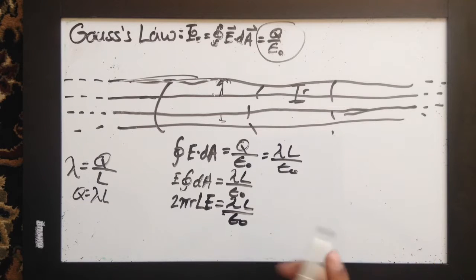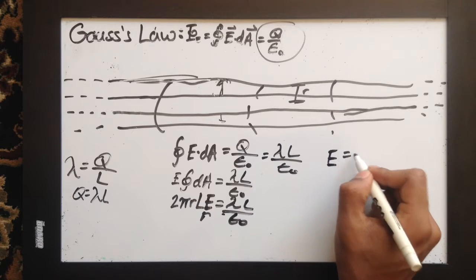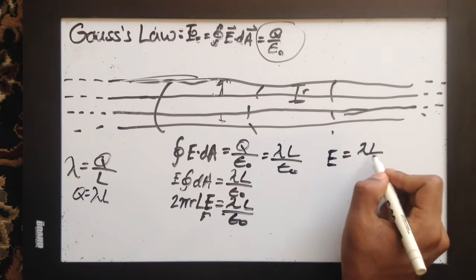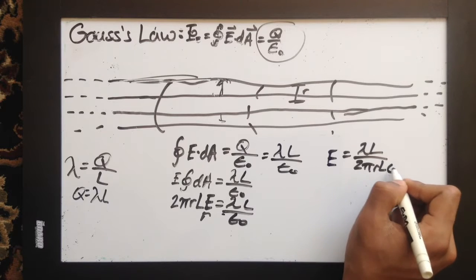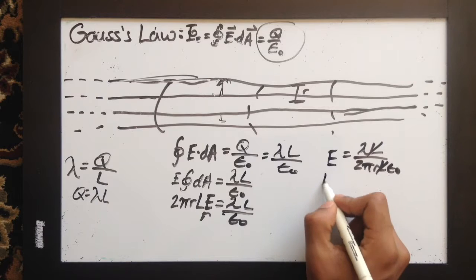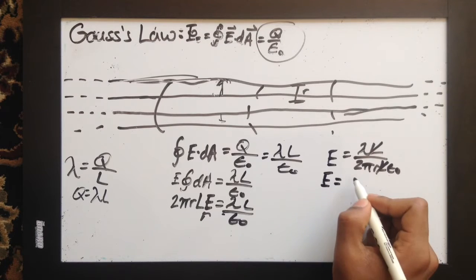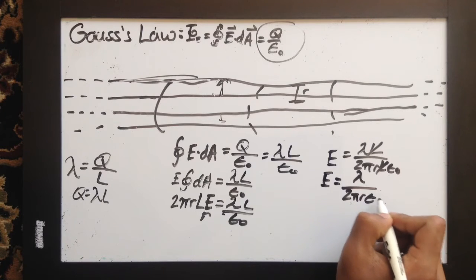So now all we need to do is solve for E. So we get E is equal to lambda L over 2 pi r L epsilon naught. And the L's cancel out, so you get E is equal to lambda over 2 pi r epsilon naught.